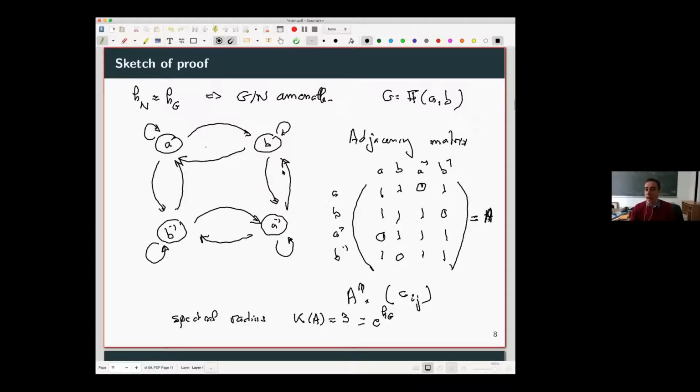We're losing that data. So what we'll try to do now is to twist that operator in such a way that we keep track not only of this counting process, but also of where these reduced words go in the group G or in the quotient G mod n.